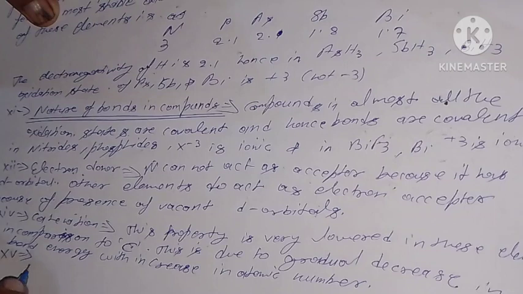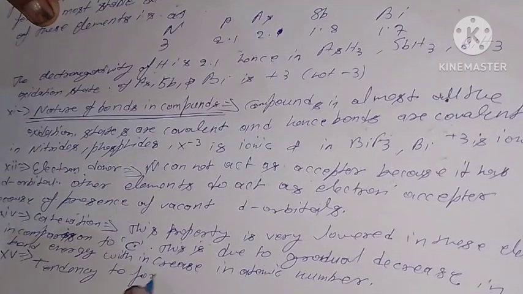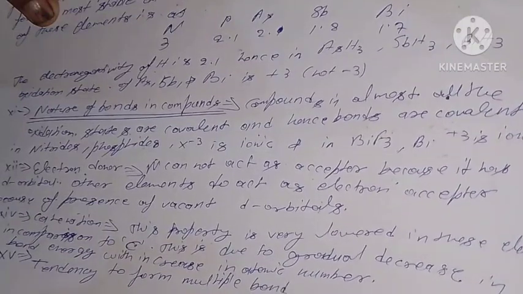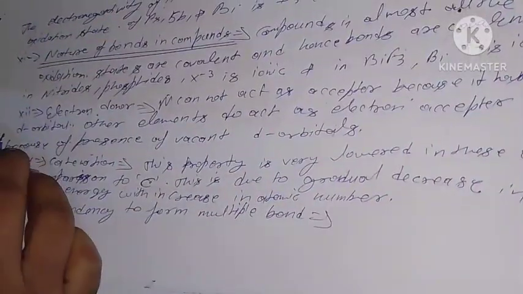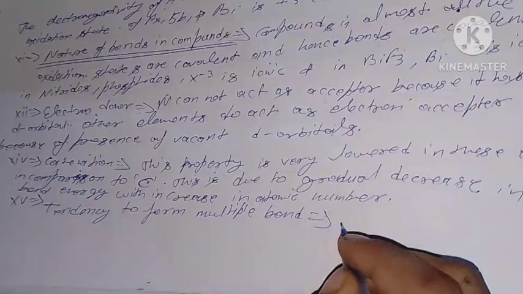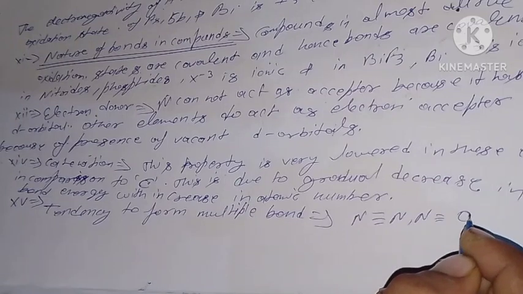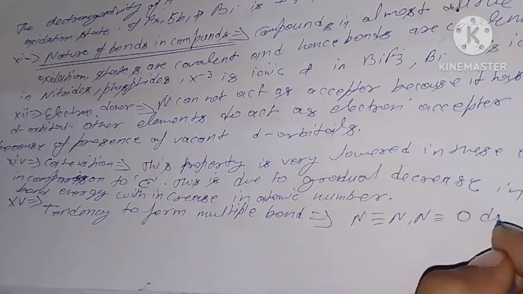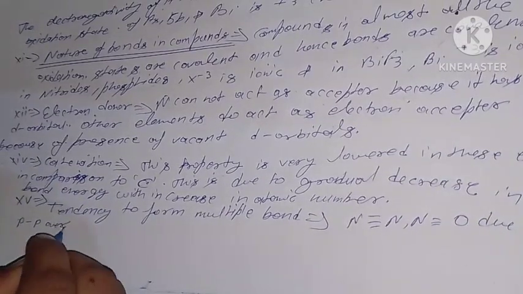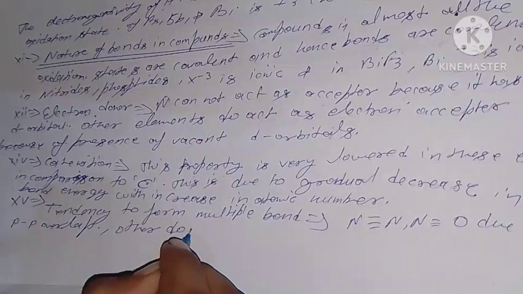Next point, tendency to form multiple bonds. Nitrogen forms multiple bonds like N triple bond N and N triple bond O due to pπ-pπ overlap; the other elements do not.